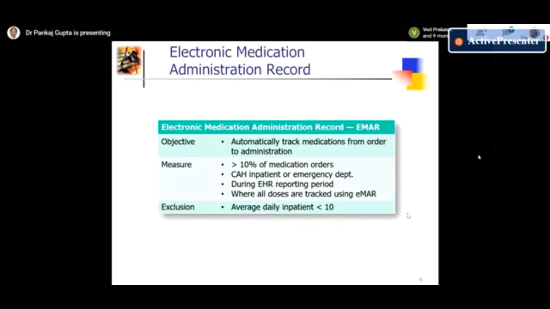The emergency department also adopts it during the EHR reporting period, and all doses are tracked using the EMR, every time the patient gets a dose. It's not that once a day the patient is given a dose, you follow the process, and the rest of the time you don't. That's not acceptable.